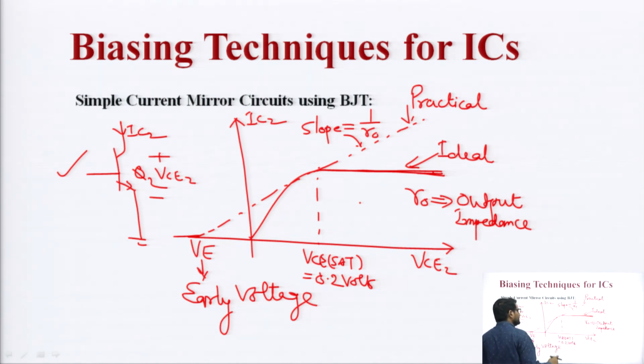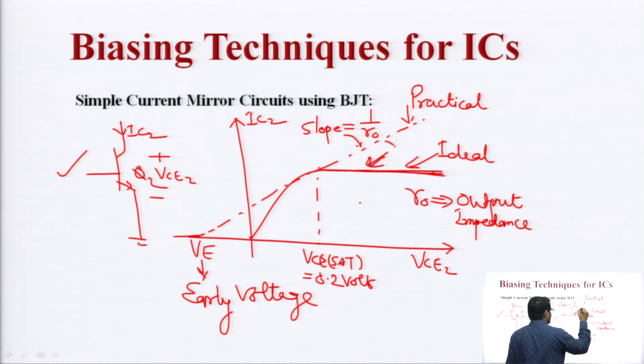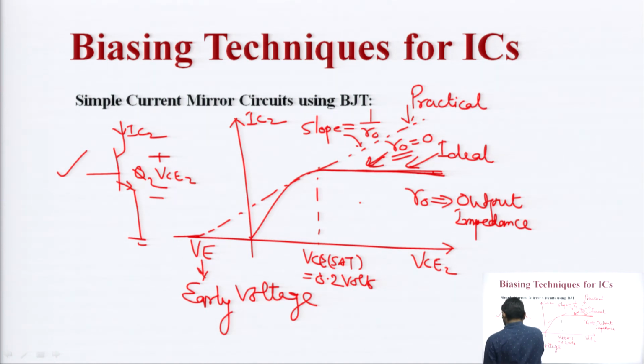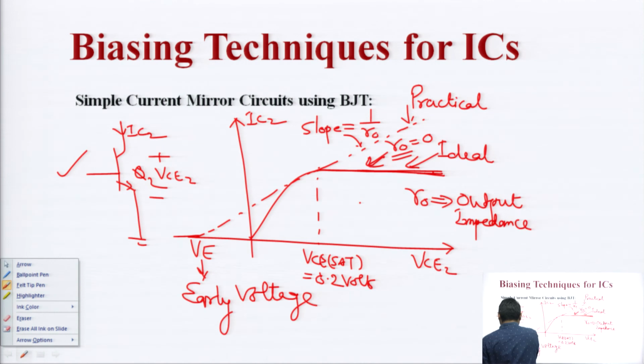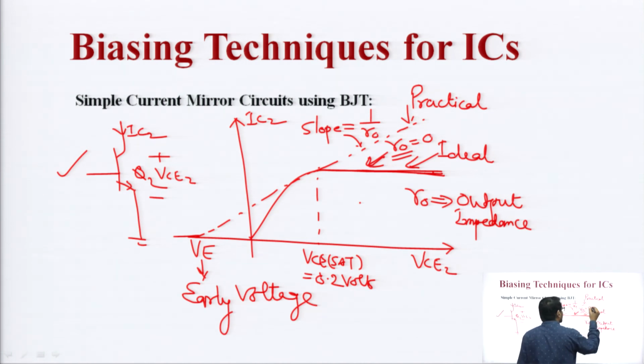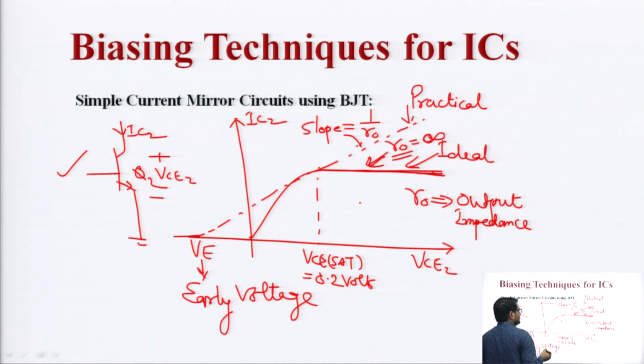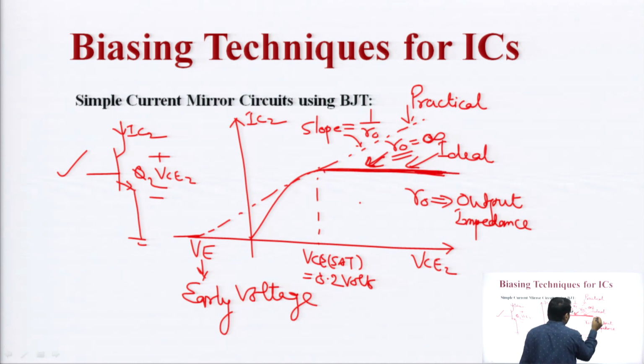But for the ideal case, RO must be 0. Sorry, no, RO must be not 0, it must be infinite. If RO is infinite, the slope becomes 0, and for a constant line the slope will be 0.